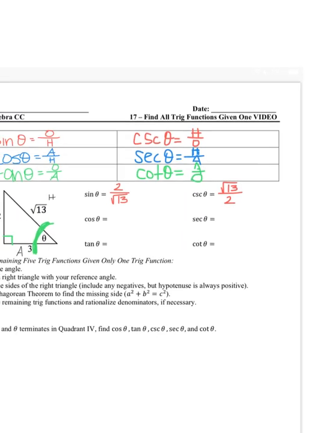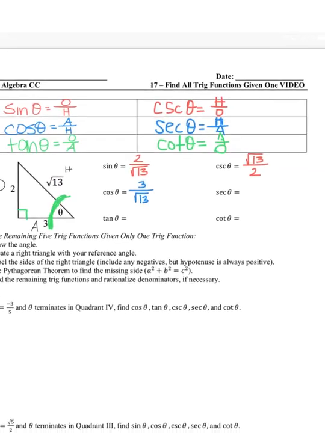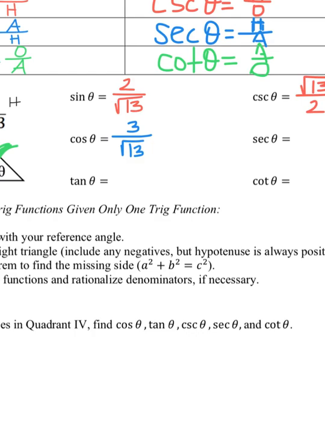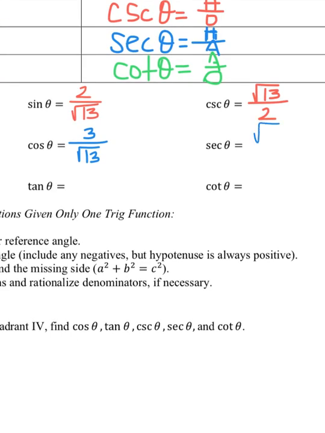Let's do cosine and secant. Cosine, I'll do in blue again. Cosine is adjacent over hypotenuse. Adjacent to that angle is 3. Divided by the hypotenuse is the square root of 13. So cosine of theta is 3 divided by the square root of 13 in this triangle, which means that secant is the square root of 13 divided by 3.